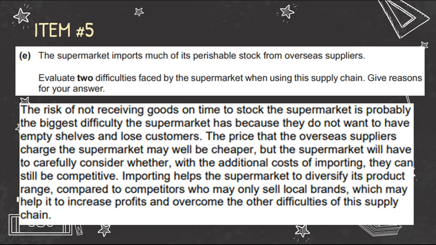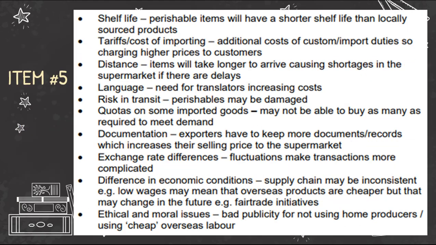First of all is the shelf life, because perishable items will have a shorter life than locally sourced products. And remember, locally sourced products can be really fresh, or fresher than the imported goods.